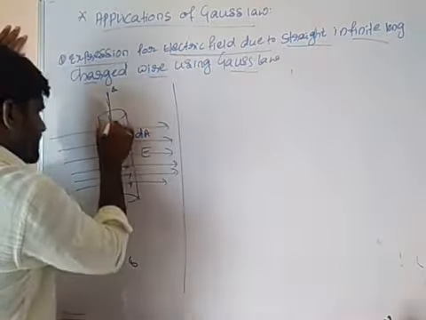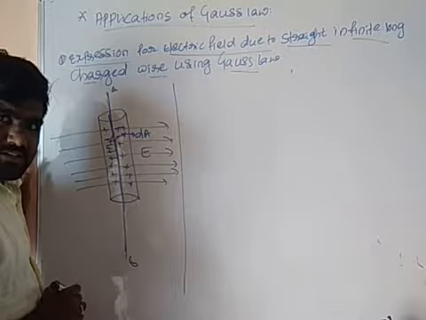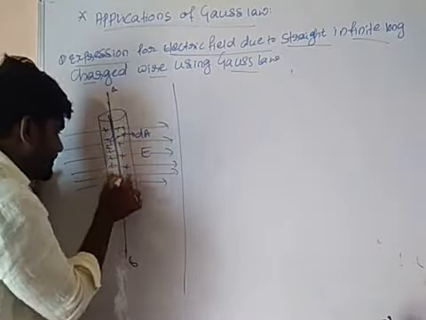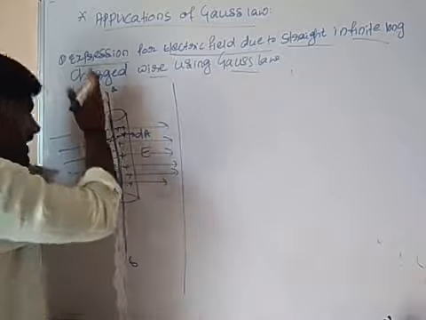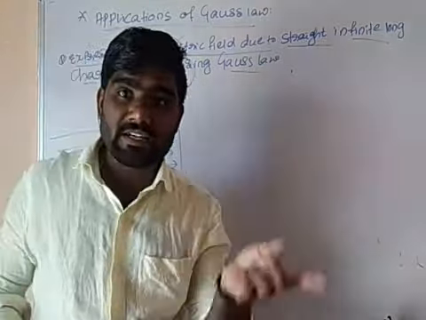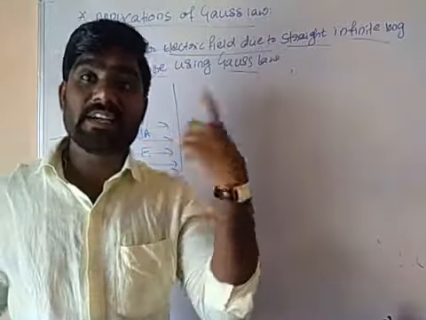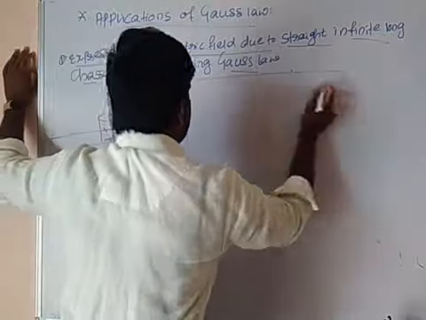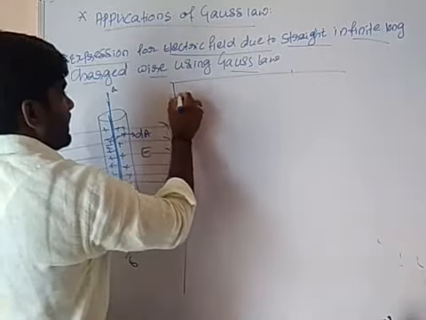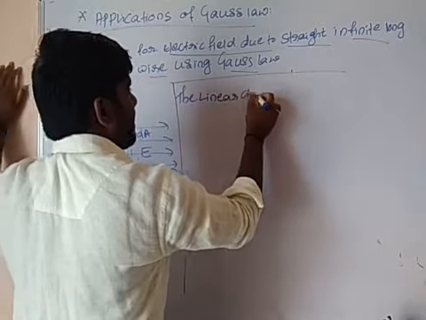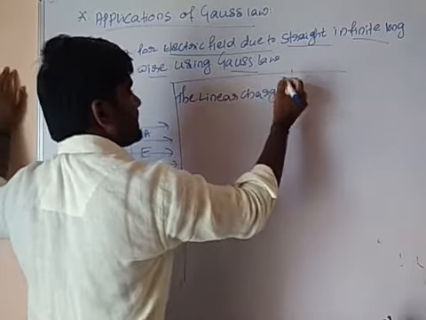Is it a linear charge distribution? The charges are distributed linearly through this wire. The wire is linear, that's why we are using linear charge distribution. What is the linear charge density?